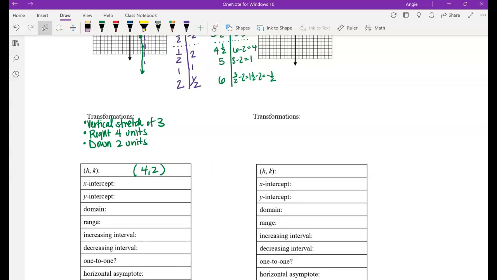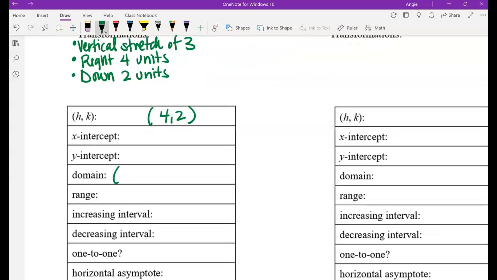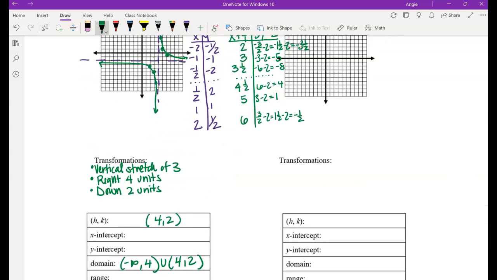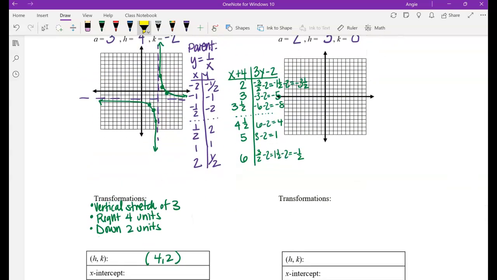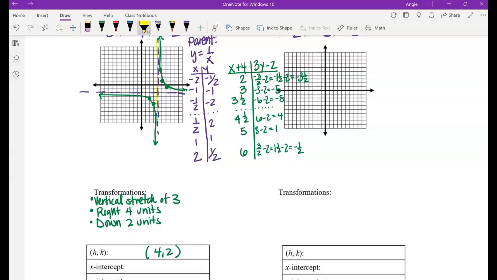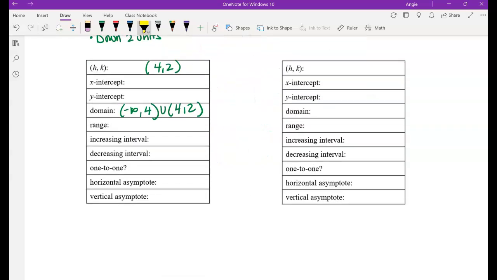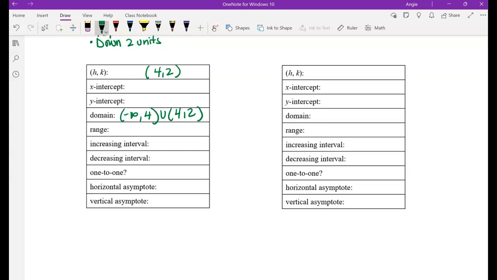The domain, students, as you know by now, is always going to be negative infinity, and then take a break at 4 where your vertical asymptote is, where the h value is, union 4 to infinity. Okay, remember, we have this asymptote at x equals 4, so we can't really include that in our domain. So let's go there, x equals 4, we have a k value of negative 2, so y equals negative 2 for the range.